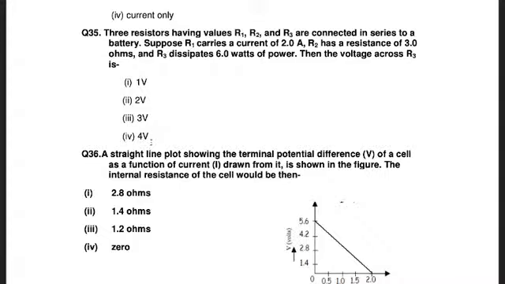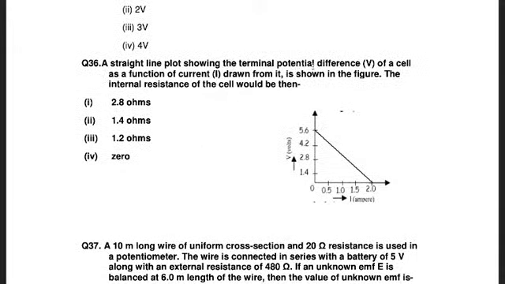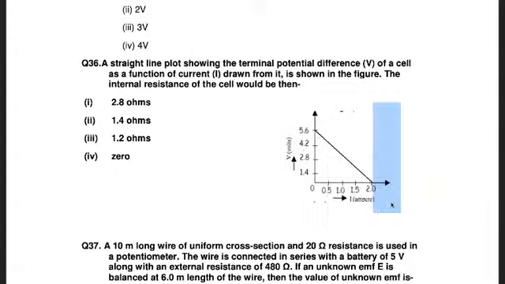Question number 36. A straight line plot showing the terminal potential difference V of the cell as a function of current I drawn from it is shown in the figure. The internal resistance of the cell would be then, here they give the figure: volts 1.4, 2.8, 4.2, 5.6 and current in ampere 0.5, 1.0, 1.5, 2.0.